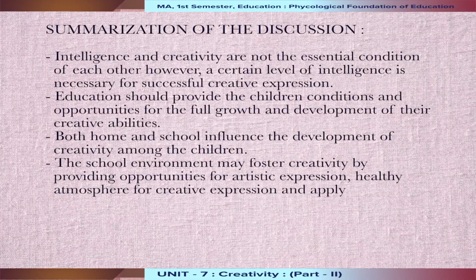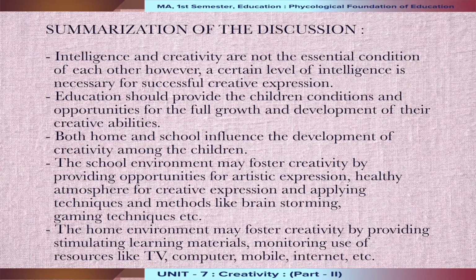So what have we discussed in this part? We have discussed the relationship of creativity with intelligence, and what we have gained is that intelligence and creativity are not the essential condition of each other. However, a certain level of intelligence is necessary for successful creative expression.